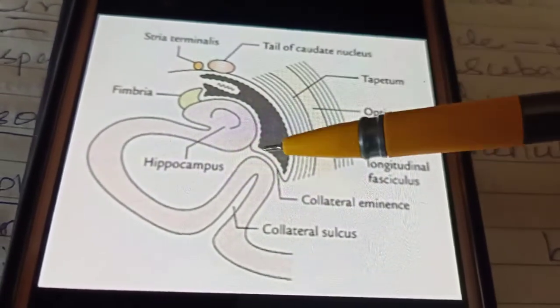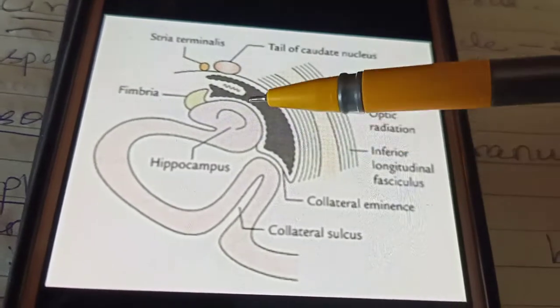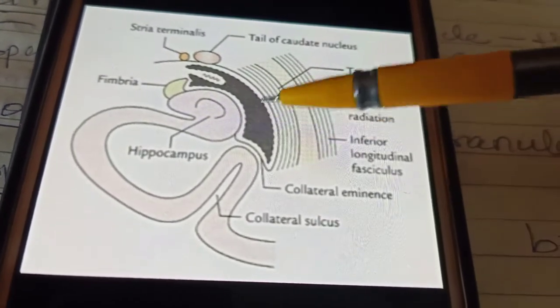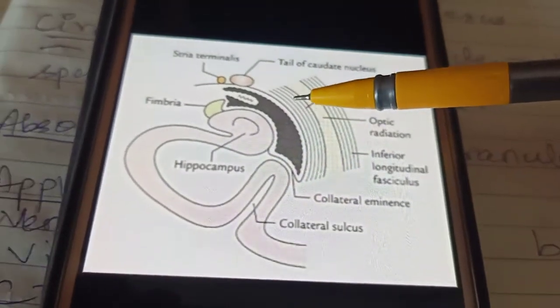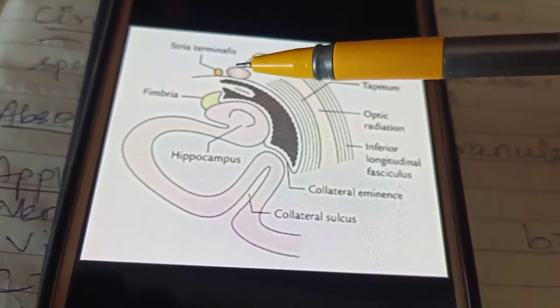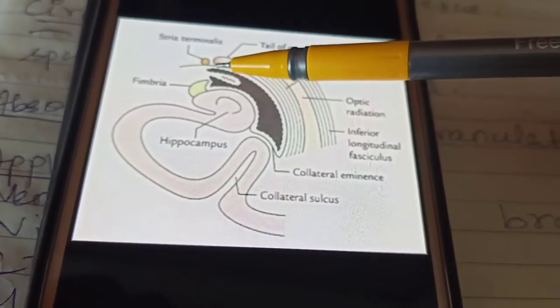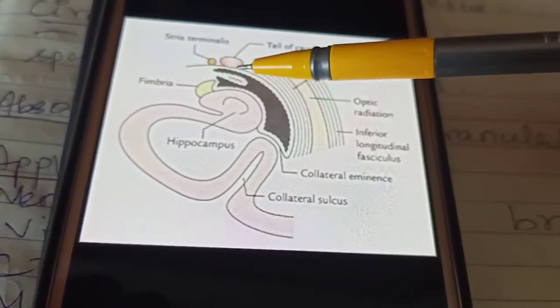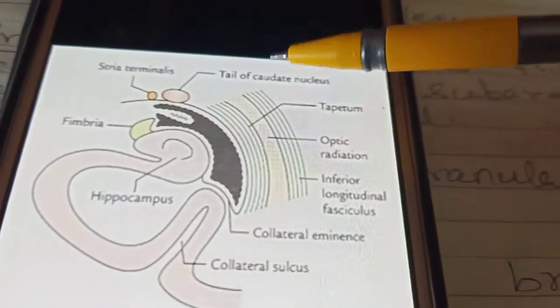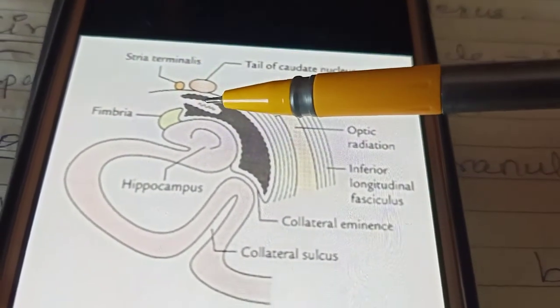Suppose this is here, they have not labeled it. So this is the inferior horn. The lateral part is formed by the tapetum. This is the medial part, which is formed by the tail of the caudate nucleus and stria terminalis.